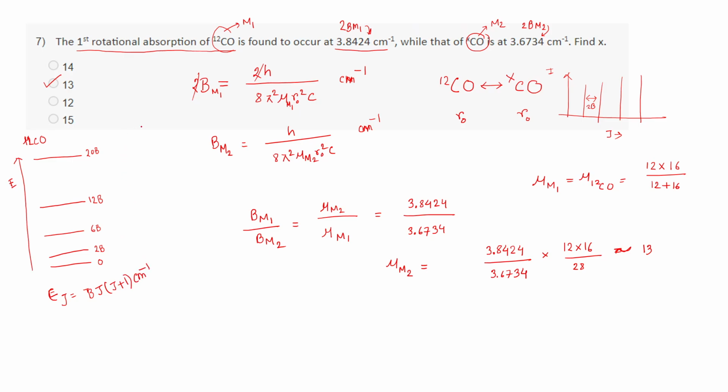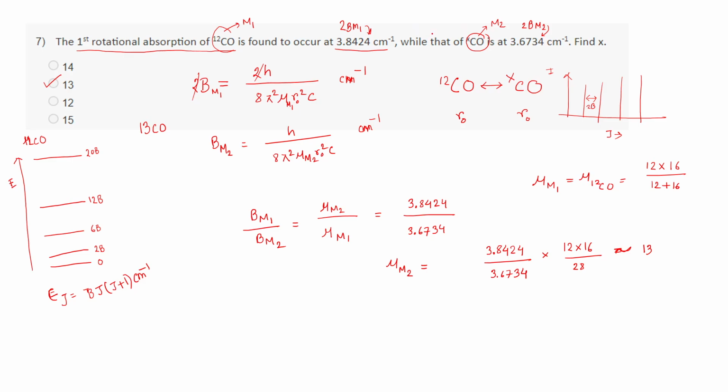So what do we expect for 13C? How are the energy levels going to be, from this equation? I am not asking you in general. What do you think is going to be the energy levels? Can you guess?